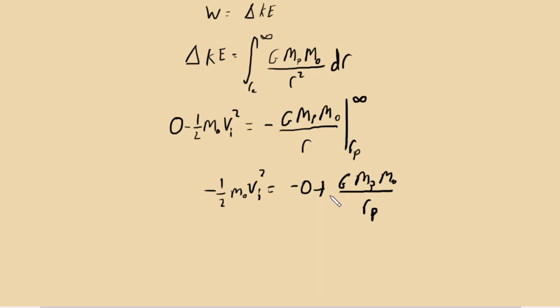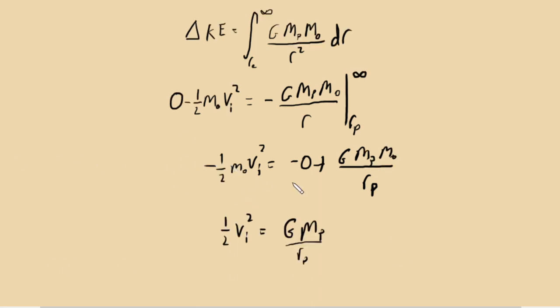And then our second term is going to be plus G, our gravitational constant, multiplied by the mass of the planet, mass of the object, divided by the radius of the planet. So all we did was plug our radius of the planet in. And so we could simplify this. We see that both sides have the term of the mass of the object, which is good that they cancel out since we weren't given a mass of the object.